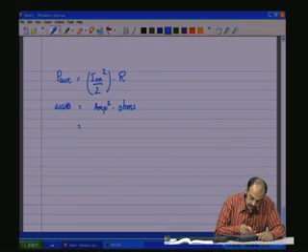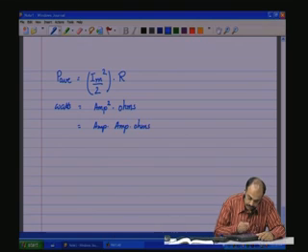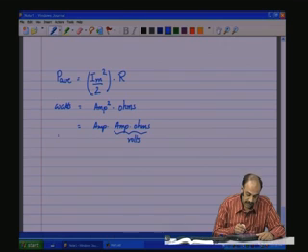This could also be split into amps into ohms equivalently to give you volts into amps, which is the watts.